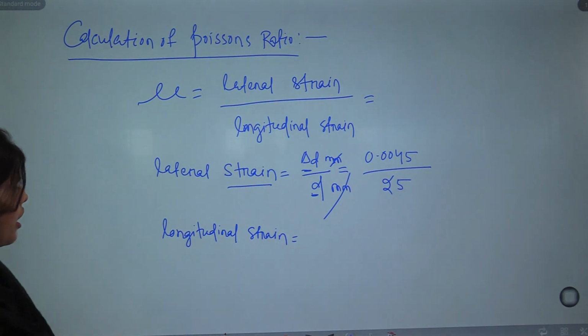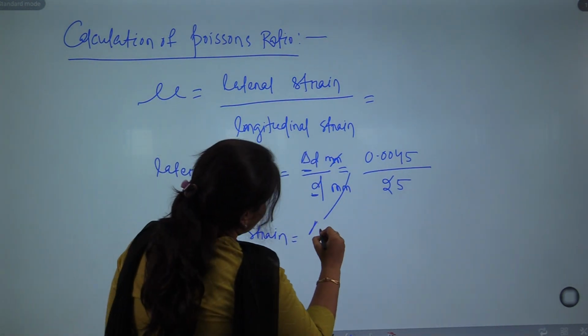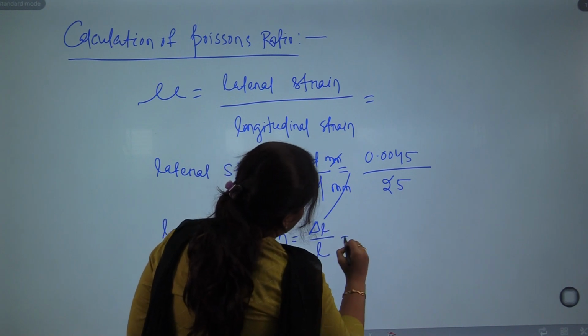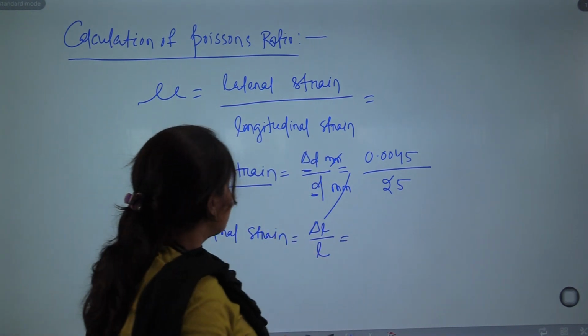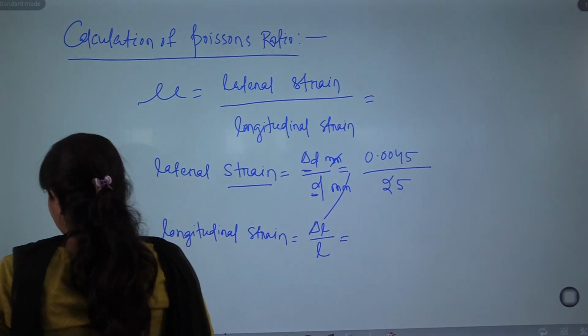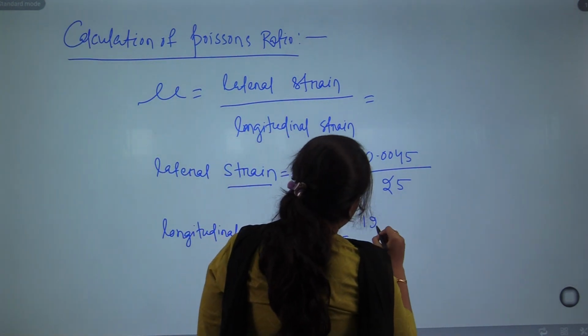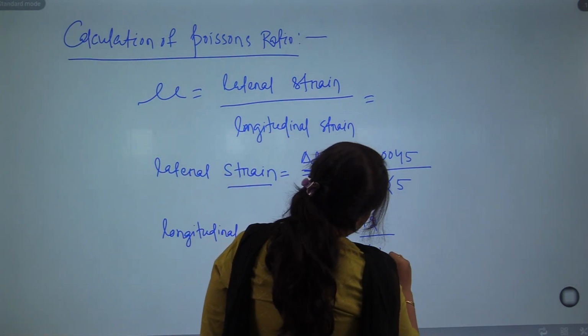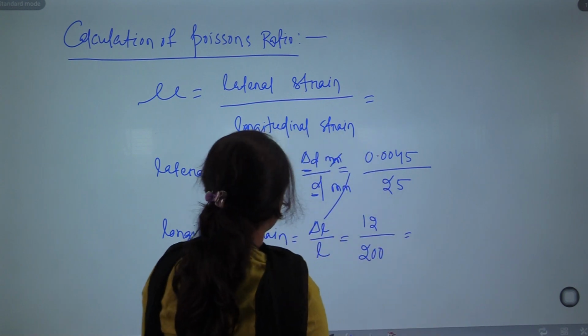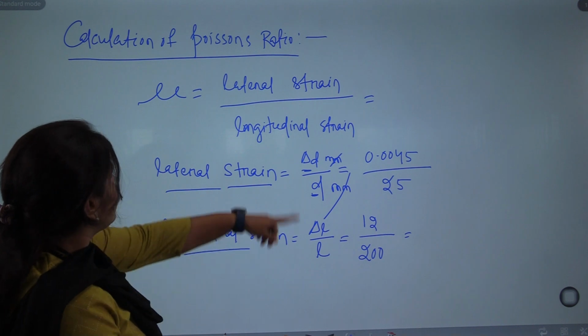Longitudinal strain. How to calculate longitudinal strain? The formula is del L upon L. The del L value here is 12 mm upon 200 mm. We got the lateral strain and longitudinal strain, so we can calculate mu here.